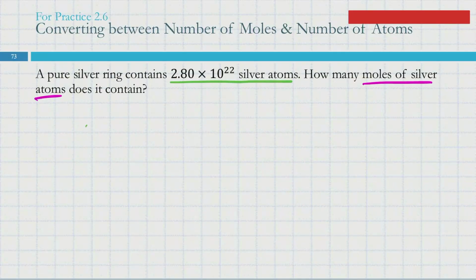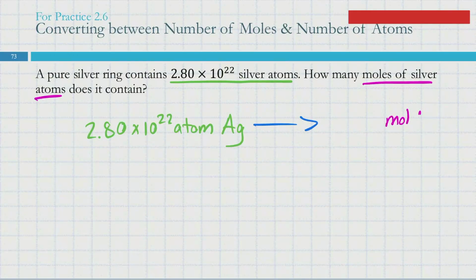So we're starting with 2.80 times 10 to the 22 atoms Ag. I usually put the chemical last. And we want to convert this to moles Ag, moles of silver.